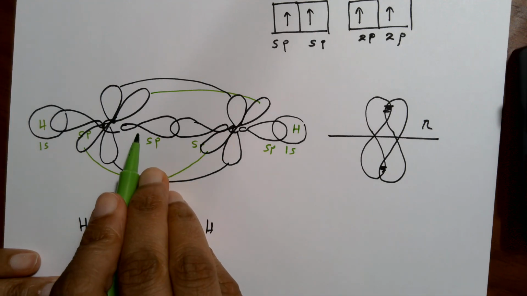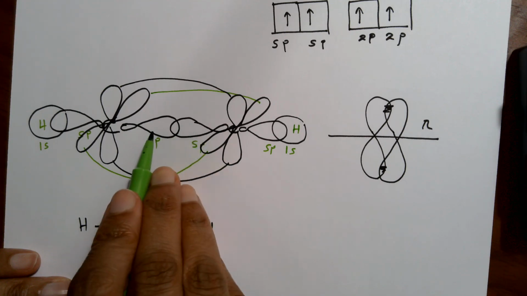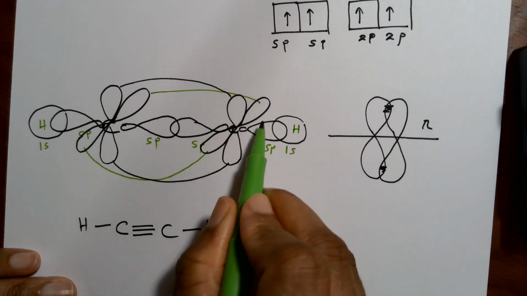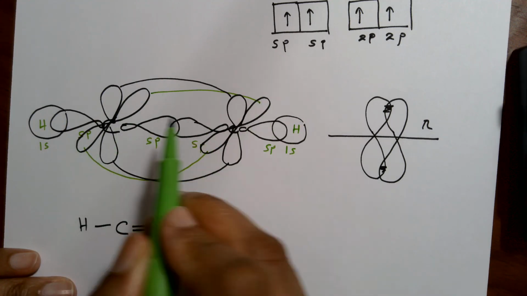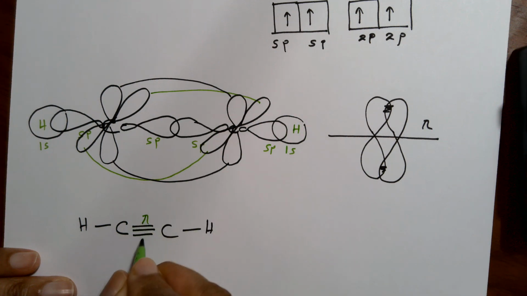The reason is that sp hybridized orbitals overlap along the internuclear axis to make one sigma bond, and two p orbitals, py and pz, partially overlap to make pi bonds, two pi bonds. So a triple bond is made by two pi bonds and one sigma bond.